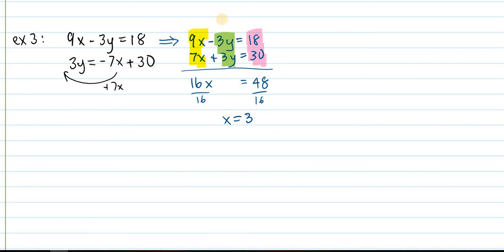Then I need to plug it back in. I'm just going to use that first equation, so 9, and I'm going to replace the x with 3, minus 3y equals 18. And then I will solve, so 27 minus 3y equals 18. I'm going to subtract 27 to the other side.